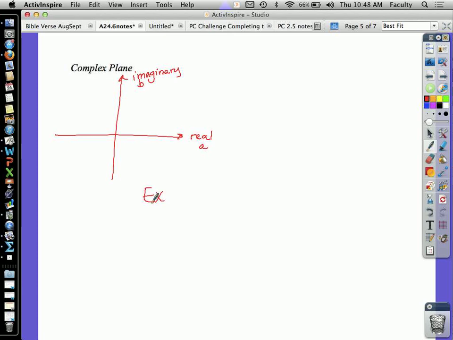So, for example, if I want to plot 2 plus 3i, it's really like you're making it the real part, comma, the imaginary part. So you go to the right 2 and up 3, and there's 2 plus 3i, like that. It's really, really easy.